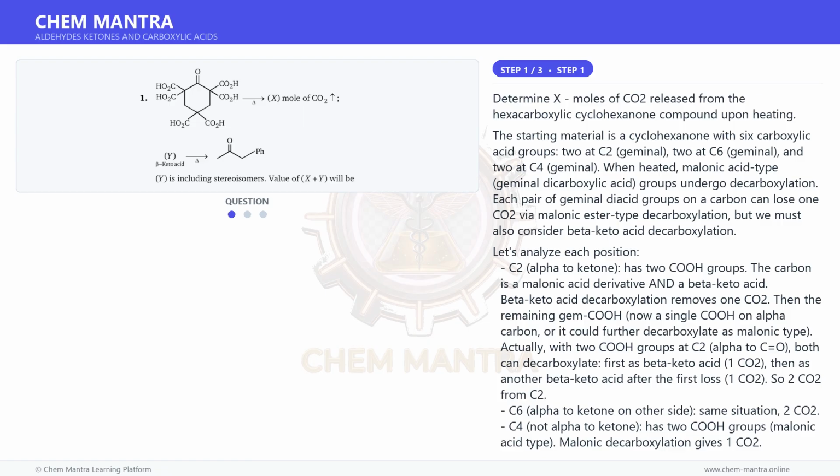At positions alpha to the ketone, C2 and C6 each is a beta-keto malonic acid and can lose 2 CO2 each. Both CO2H groups decarboxylate because after the first loss, the remaining CO2H is still beta to the ketone. So 2 plus 2 equals 4 CO2 from the alpha positions. Position C4, beta to the ketone, not alpha, is malonic type and loses 1 CO2. Total X is equal to 4 plus 1 equals 5.